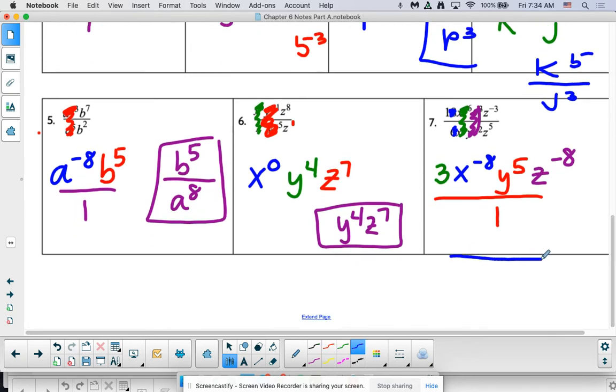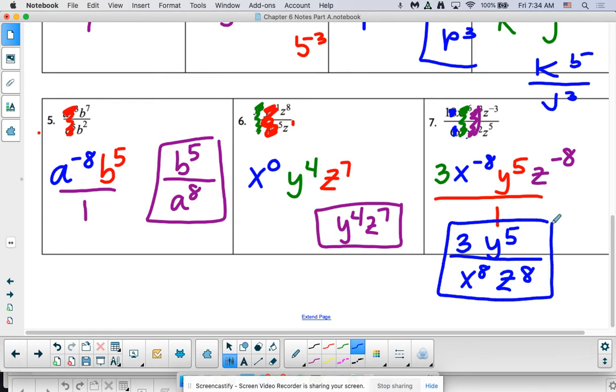So there's my fraction bar. Now let's just start with the 3. Does a 3 have a negative exponent? Nope, so it gets to stay. What about our x? It does have a negative exponent, so that has to come down. Y to the 5th gets to stay. Z to the negative 8th does have that negative exponent, so it has to come down as well. So this should be your final answer.